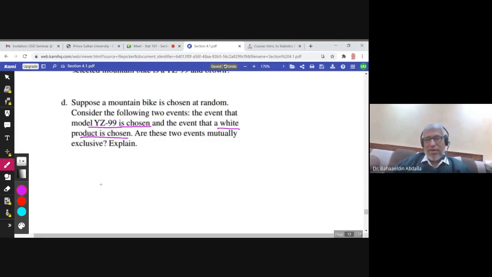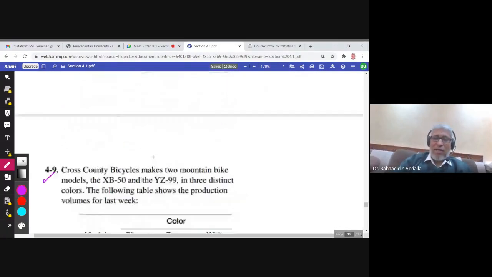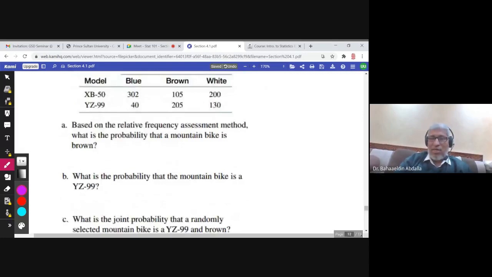If you understand mutually exclusive, you will say immediately no and explain because there is an intersection, they intersect. How? There are 130 white and YZ99 intersection.